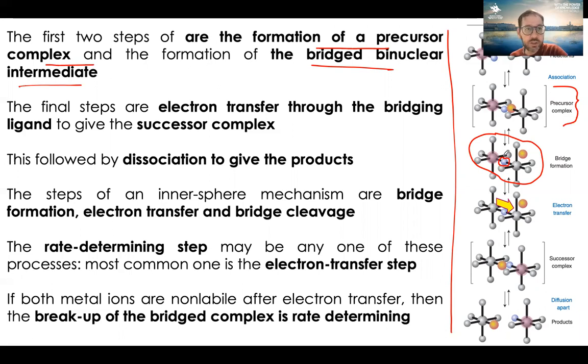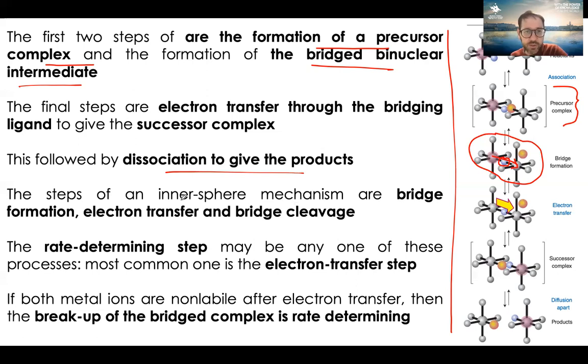So there is this bridging ligand connecting the two metals, and then the electron transfer occurs between the two metals via this bridging ligand. This is followed by the formation of a successor complex and dissociation to give the final products.